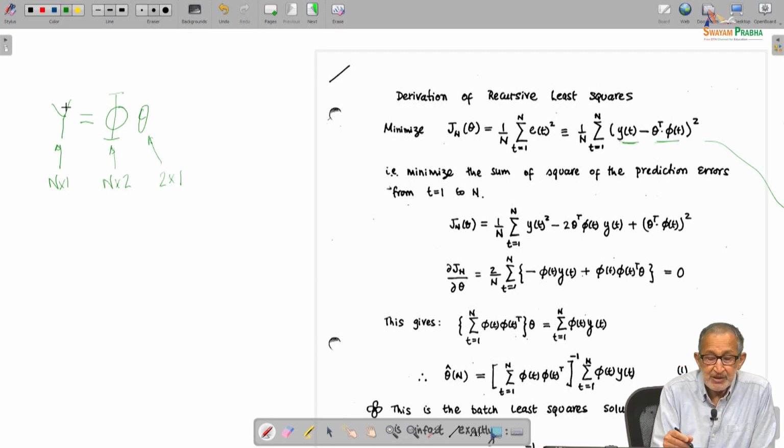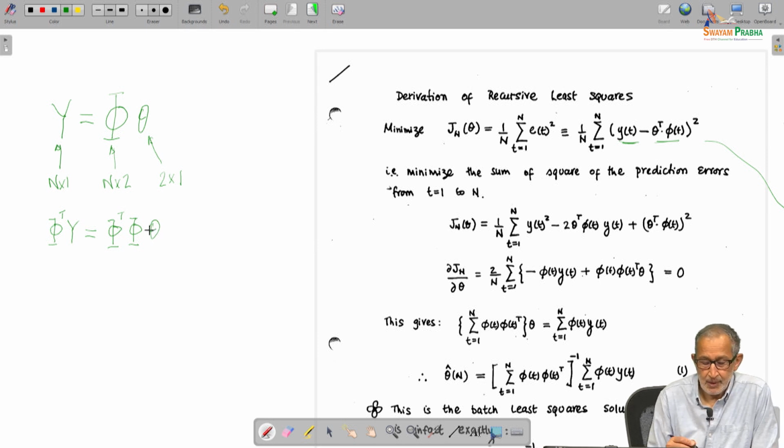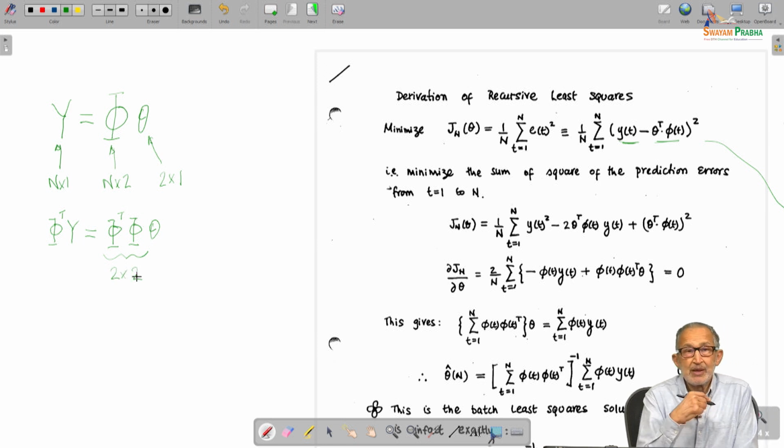But if I multiply both sides by phi transpose, I get phi transpose y equals phi transpose phi times theta. Now this becomes a 2 by 2 matrix. It is a square matrix.